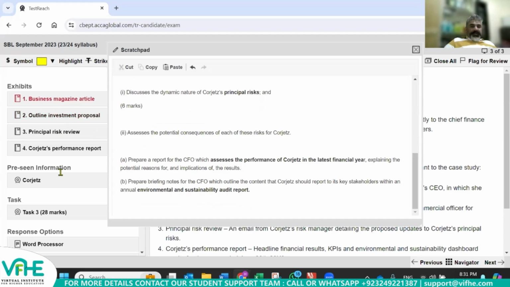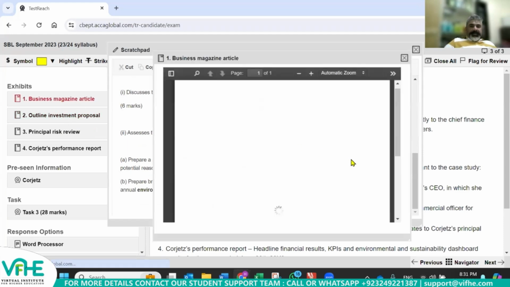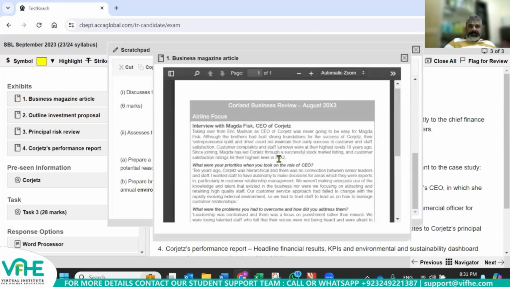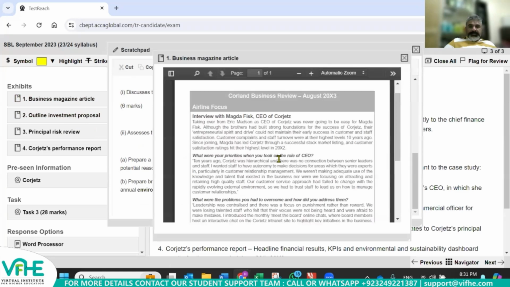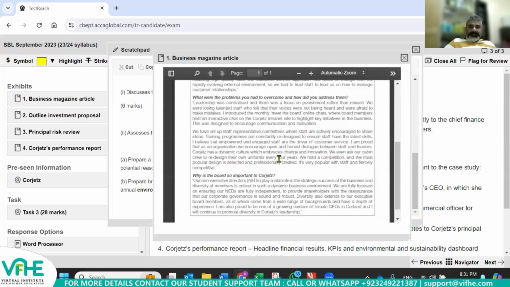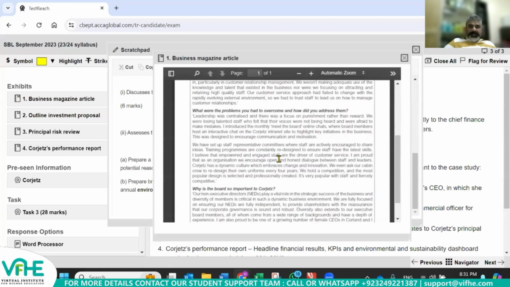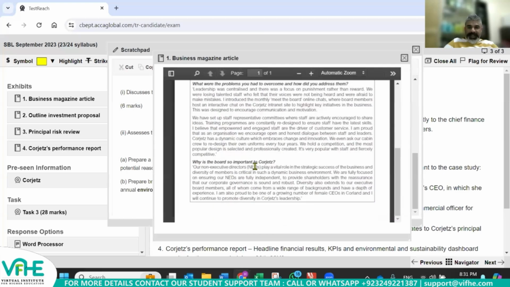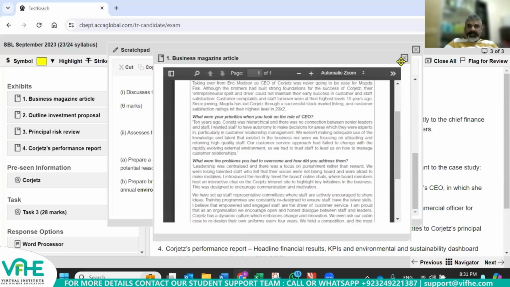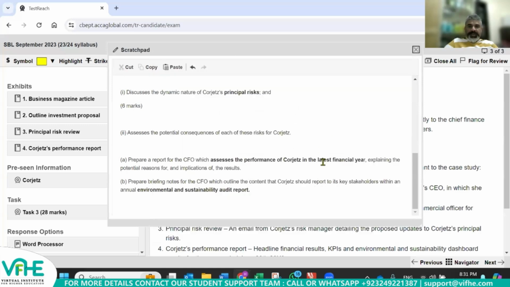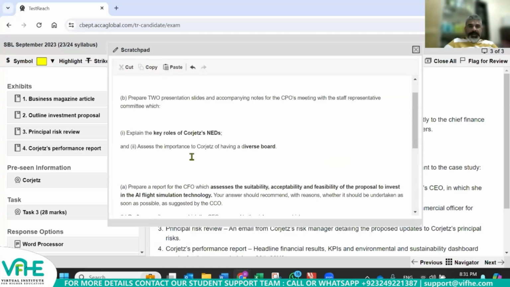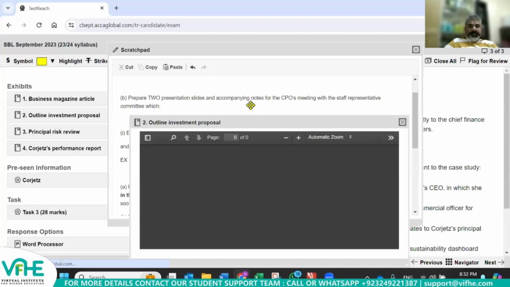From here, you just open the exhibit. You just take a quick look at it. I think it talks about the board, the NEDs. So I think part culture, this one is question number 1, exhibit 1. It talks about culture, NEDs, the online investment proposal.